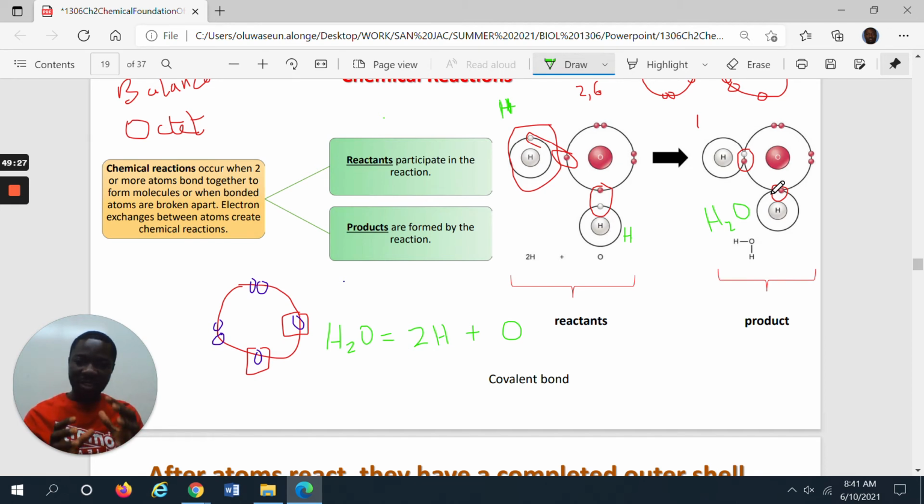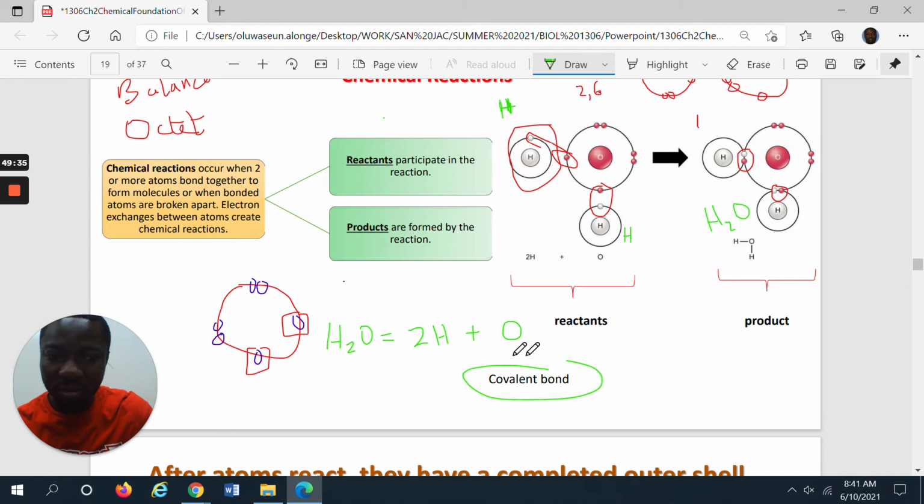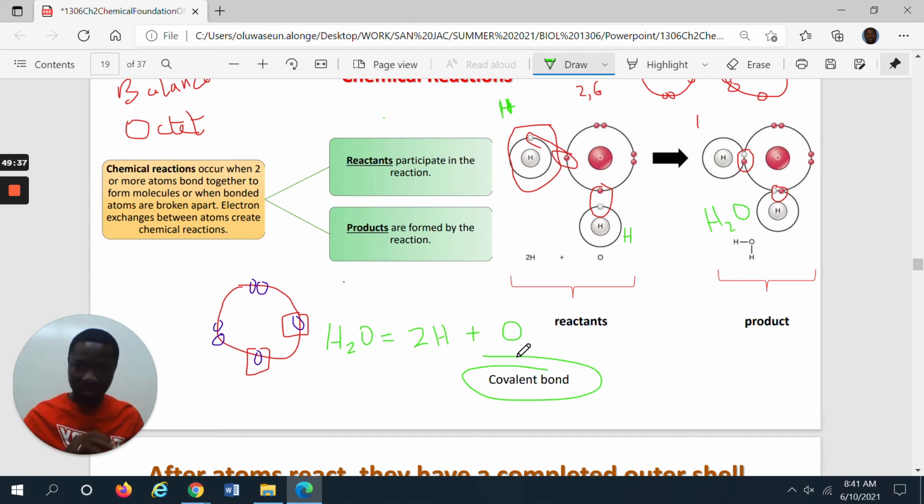When elements share electrons to form a bond, we call that kind of bond covalent bond. So the kind of bond we have here, that hydrogen and oxygen are coupling together to achieve what they don't have, balance.